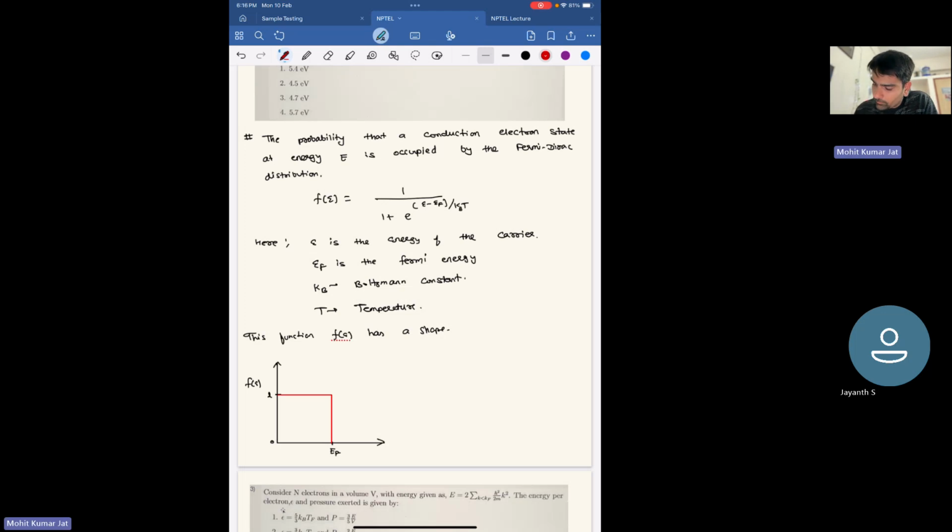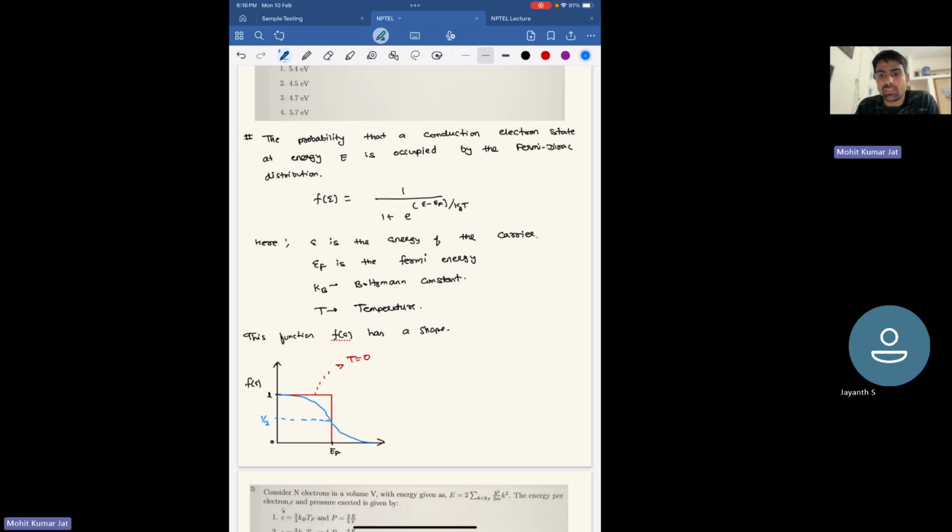And at finite T, it will be more or less like this function, which is half here. So the Fermi function occupation number is half at the Fermi energy.